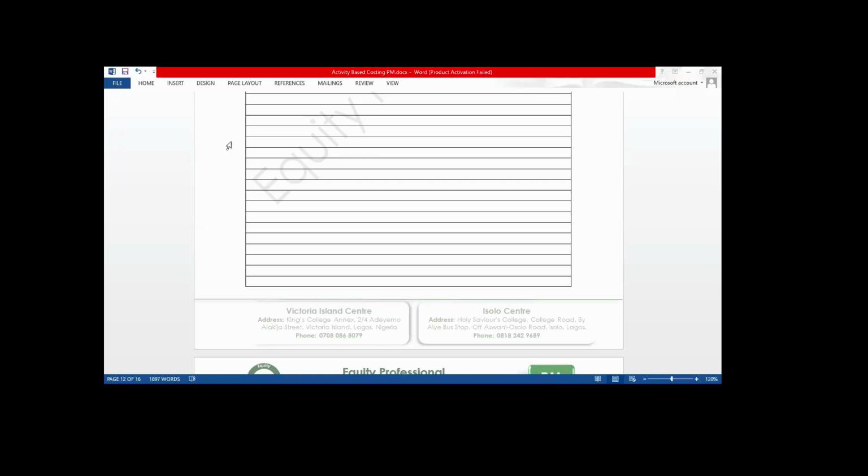So the question is, which we must think of as an accountant: how do we account for this overhead cost? There are two ways you can account for your overhead costs. You can either use the traditional absorption costing method, or you can use the activity-based costing method.